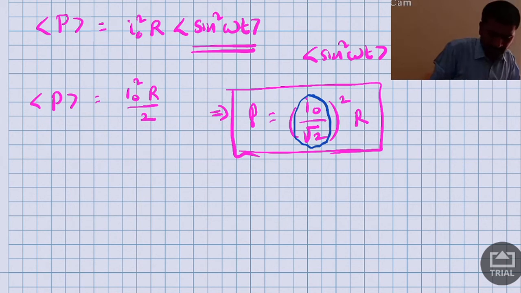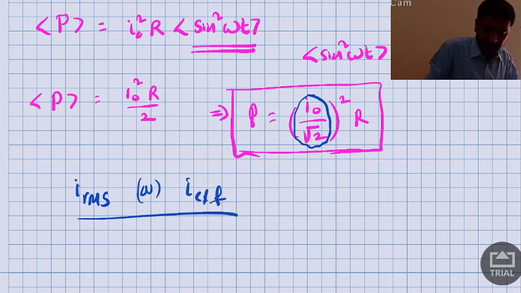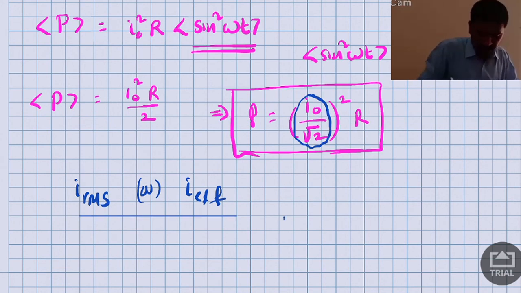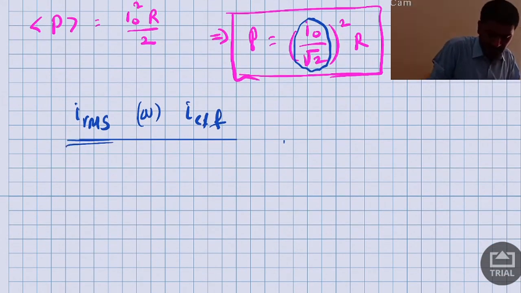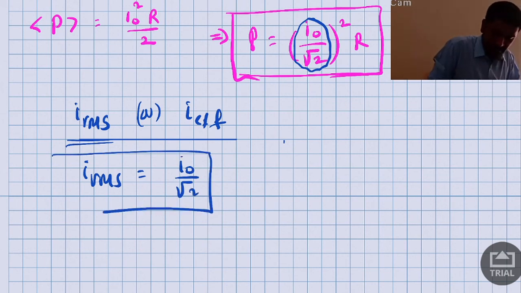So I RMS, root mean square current, or I effective, both are the same. Mainly I will be using the term RMS. So if I write here, I RMS will be I0 by root 2. So this is my I RMS.